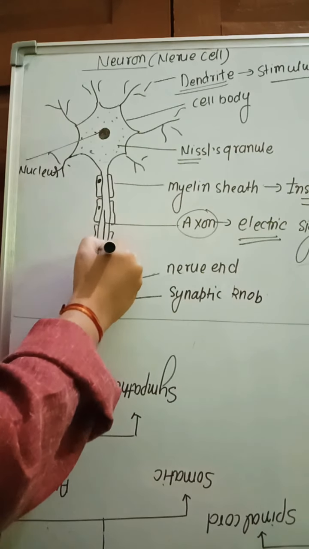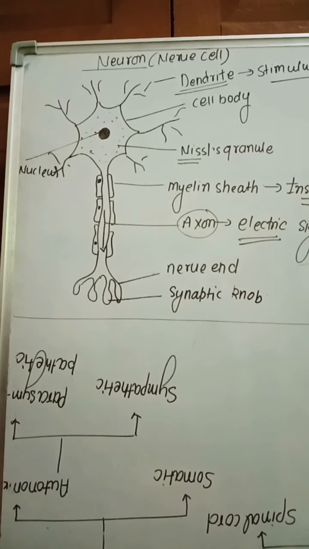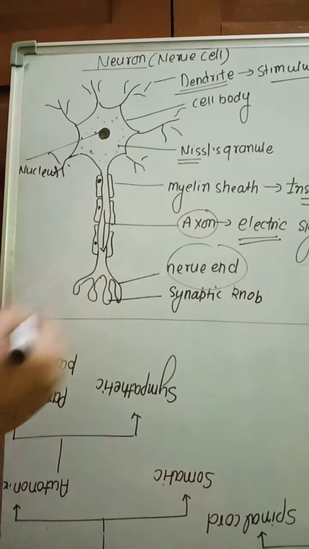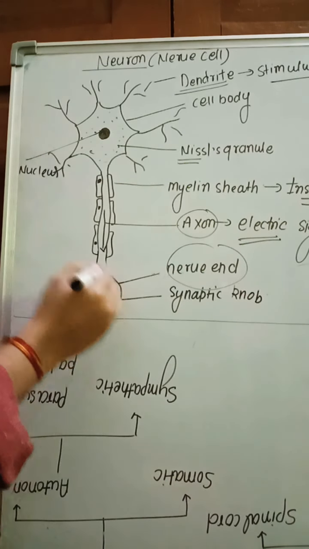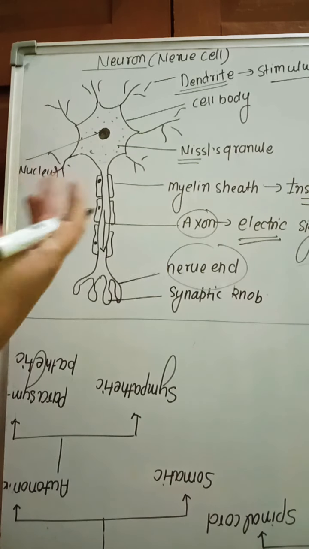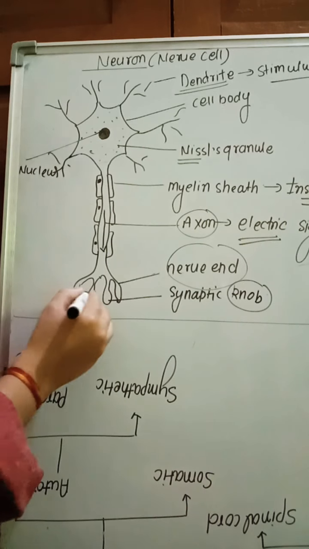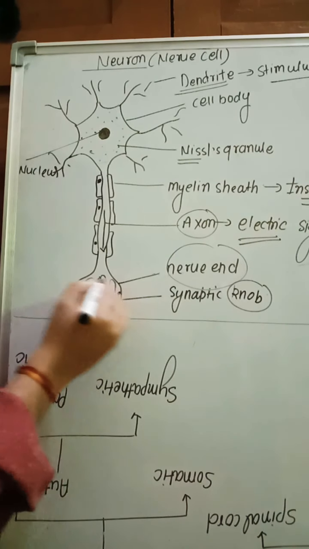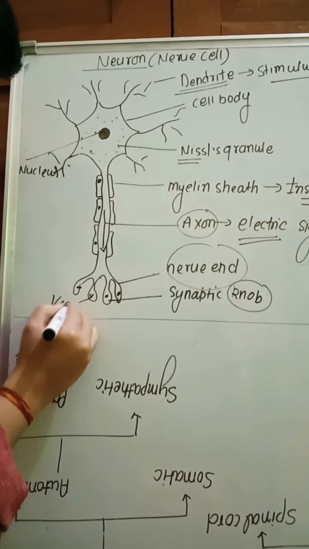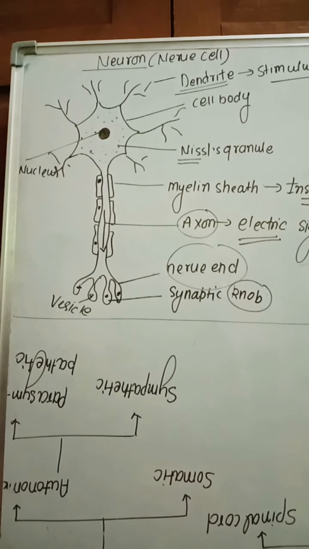When this impulse reaches the nerve end, the nerve ending contains a button-shaped structure called the synaptic knob. This knob contains vesicles called synaptic vesicles, where a chemical substance, the neurotransmitter, is present.